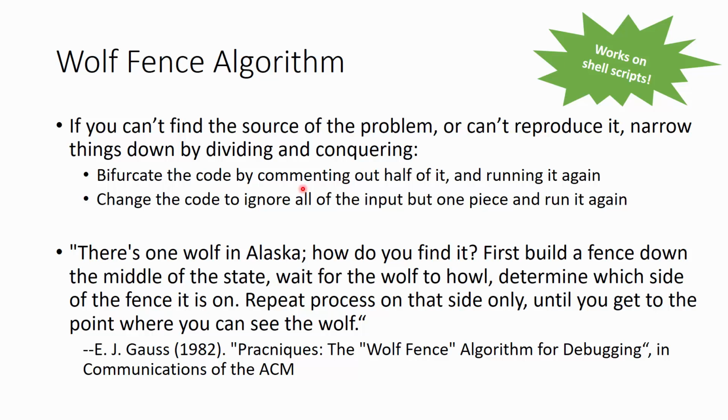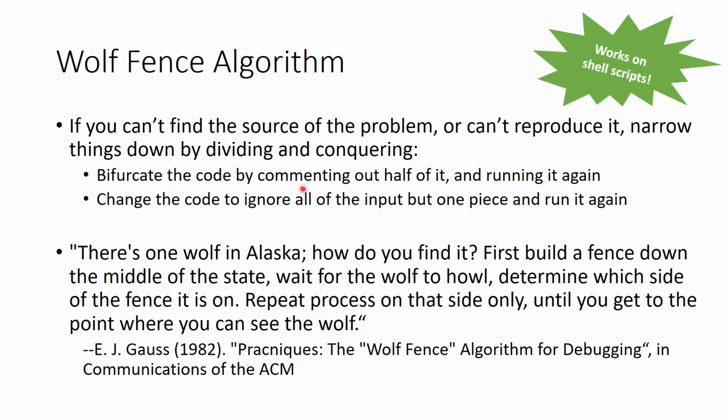So bifurcate, which is a fancy word for split, so split it in two by commenting out half of your code and then running it again. Maybe change it to ignore the way the input is coming in entirely. So is it the input that you're getting is bad, or is it just your code? Well, if you start commenting pieces of your code out, eventually you'll get down to a simple thing that you know works, and then you add them in line by line, one by one, until it breaks again, and then whatever just caused it to break, that's the problem.